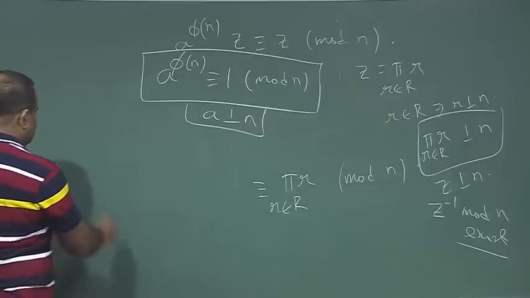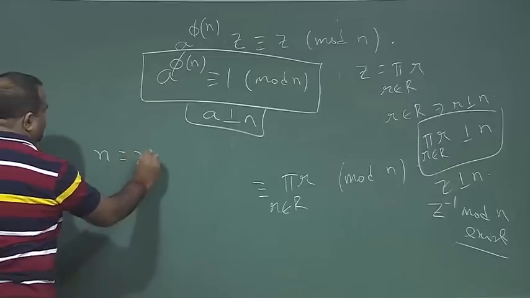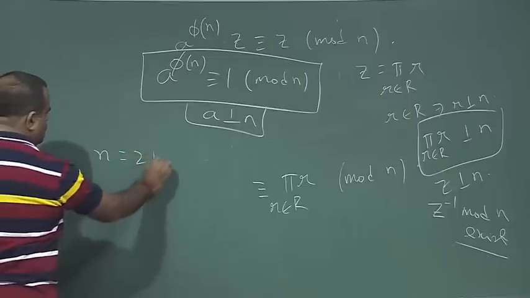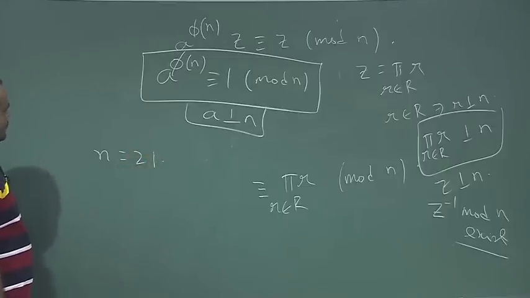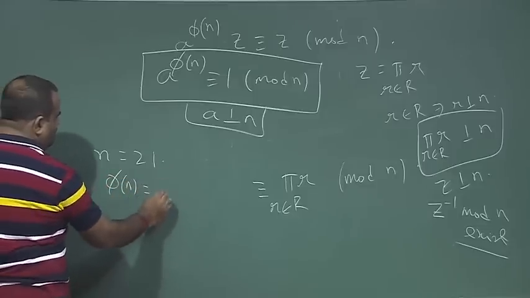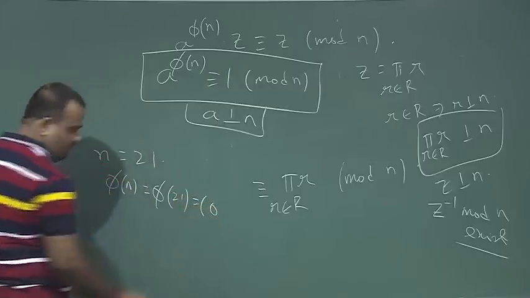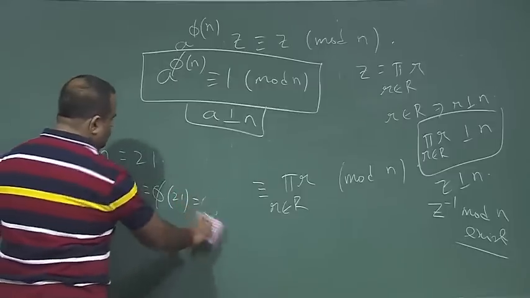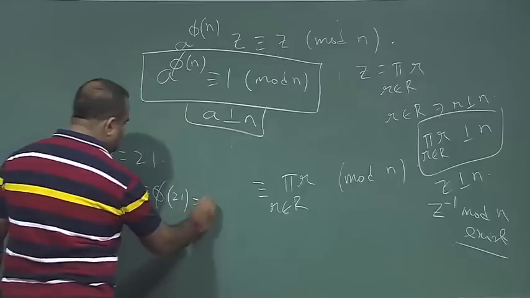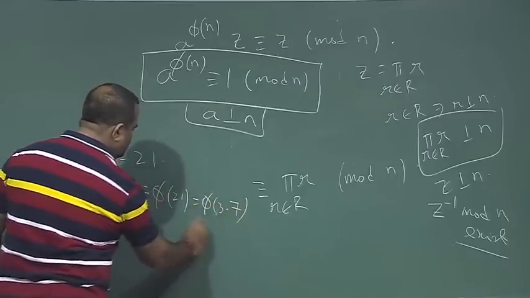In this example, say we take n equal to 21. Then what is phi of n? 21 can be written as 3 times 7, so phi of 21 is phi of 3 times phi of 7.